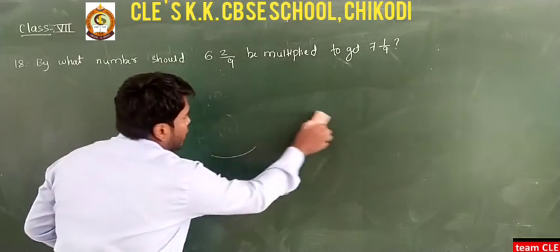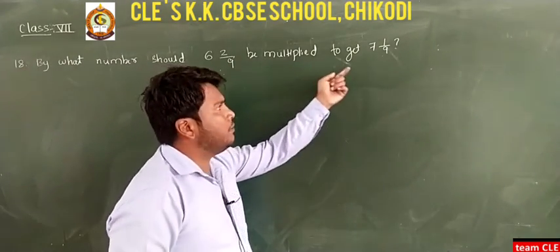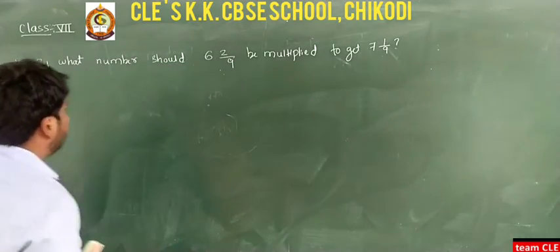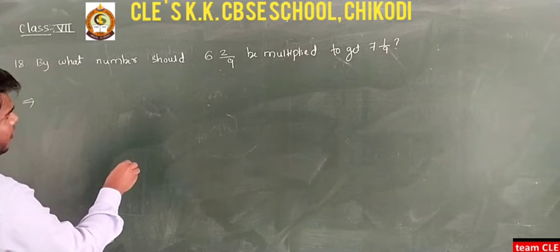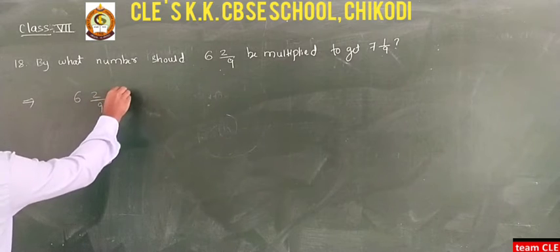The question says, by what number should 6 integer 2 by 9 be multiplied to get 7 integer 1 by 9? First I will write the given thing. By what number means I multiply 6 integer 2 by 9 with k.